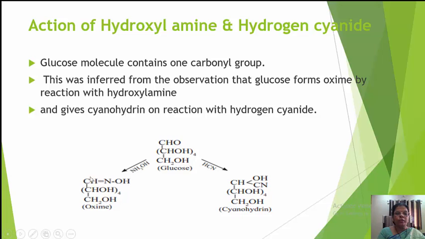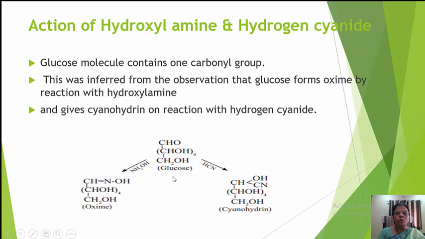That is, the CHO group is converted into CH double bond NOH. That is, here oxime of glucose is formed: CH double bond NOH, CHOH 4 times, CH2OH. This is oxime of glucose.